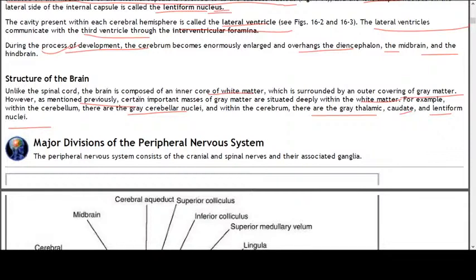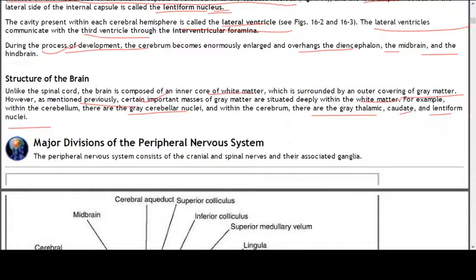However, as mentioned previously, certain important masses of gray matter are situated deeply within the white matter. Okay, this is the principle. The cerebellum doesn't only consist of white matter, it consists of gray matter as well, and gray matter is present within the white matter.